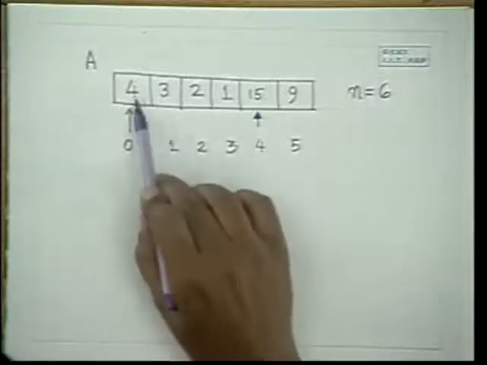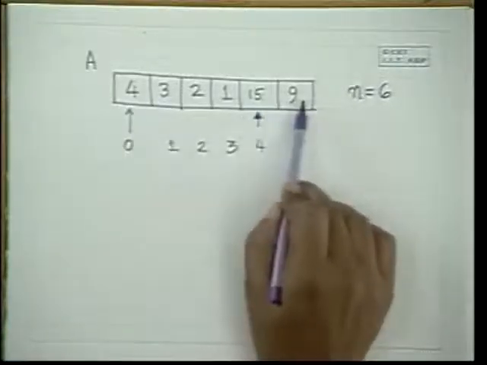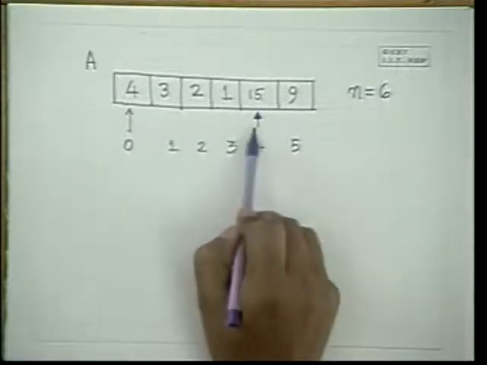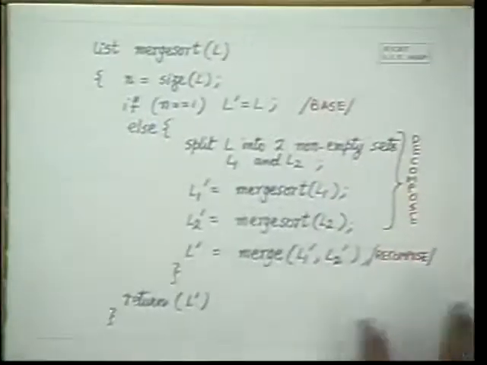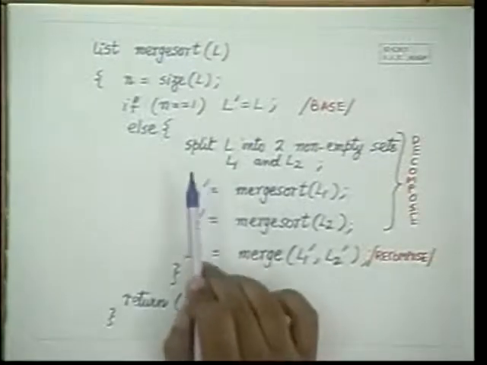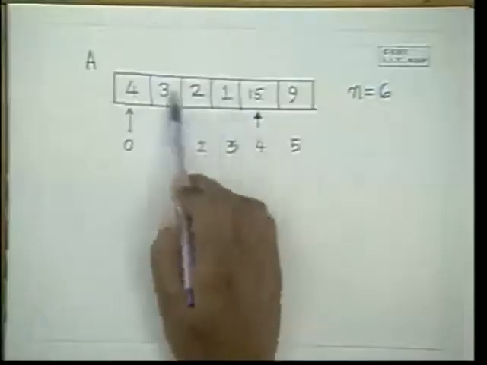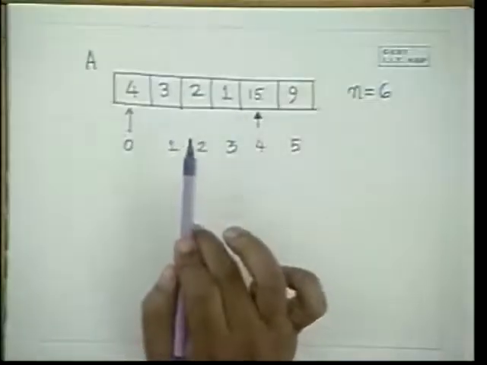So whenever we have to pass this list, we will just pass the indices of the list. And we will make sure that when we split the list, we just split it in the middle or in a position so that we are not required to interchange the elements at all.